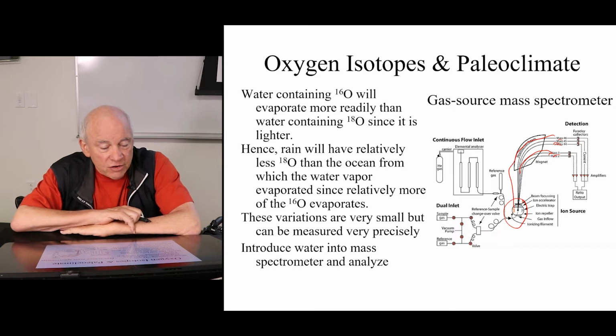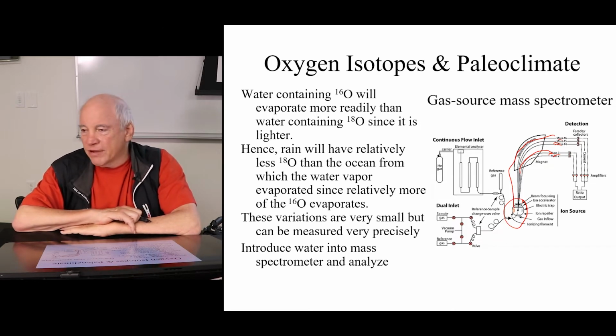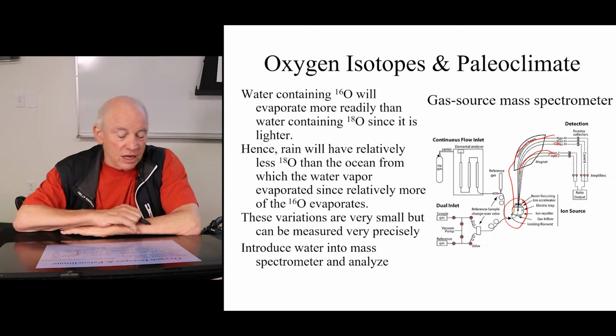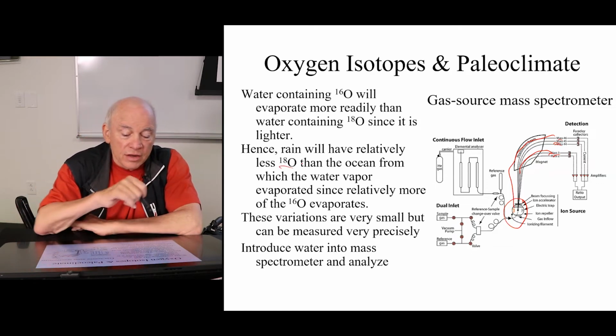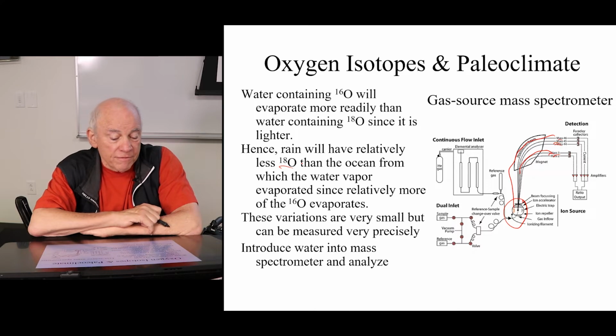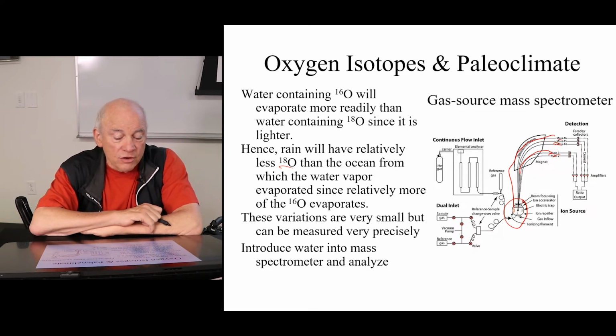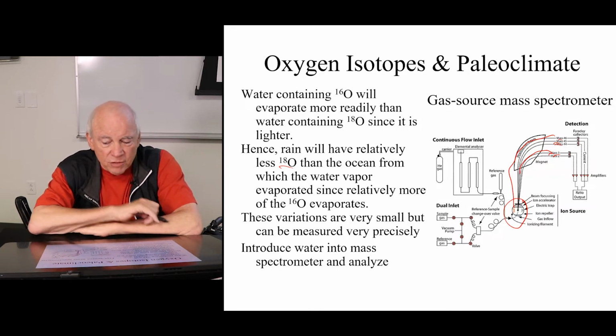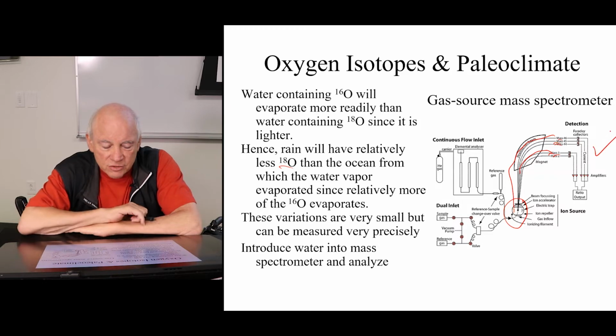So in general, because rain forms from evaporated seawater, the rain is going to have relatively less oxygen 18 than the water from which it evaporated. So these variations in 18 to 16 are very small, but this equipment is remarkably sensitive and able to detect this.